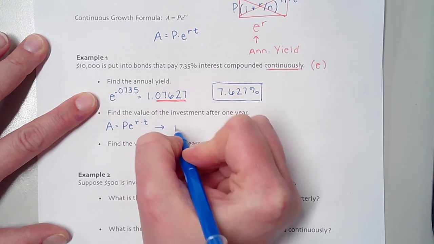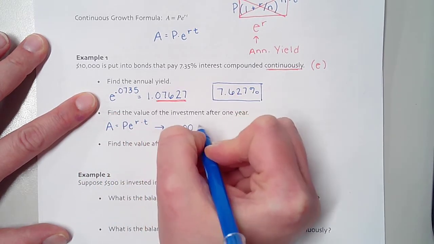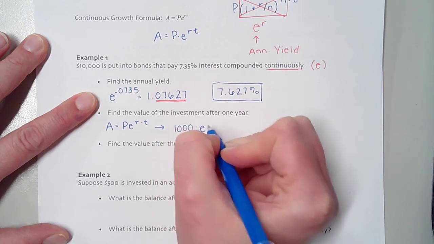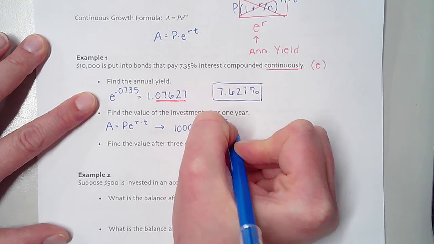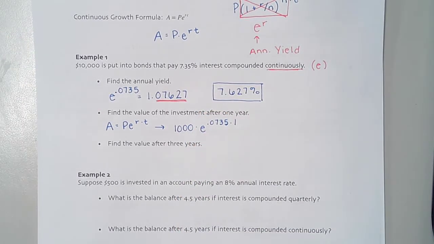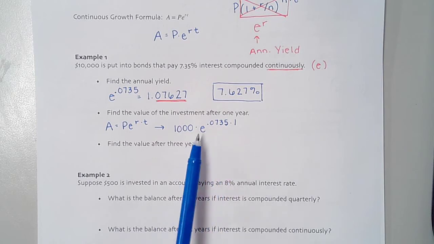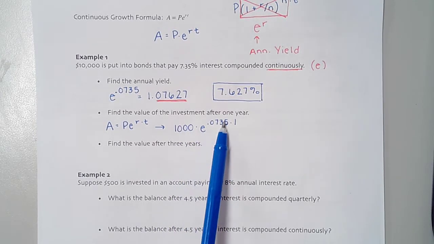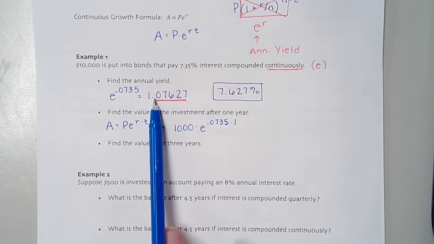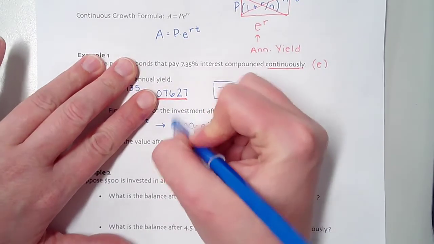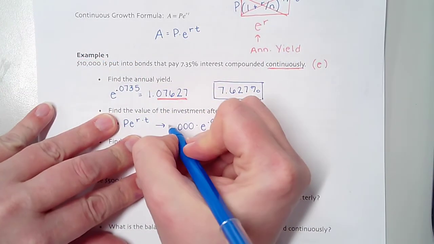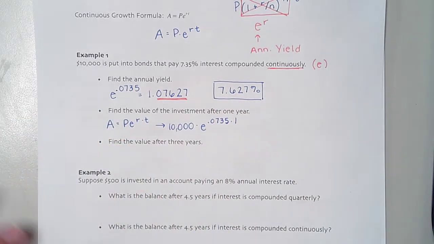So I'm going to do 10,000 times e to the power of 0.0735 times 1 for 1 year. I'm going to type this whole thing in my calculator just so you can see how I would do it. Notice that really I already calculated this value up here, and so I really could just do that times, this is supposed to be 10,000, I wrote 1,000. That's going to be important.